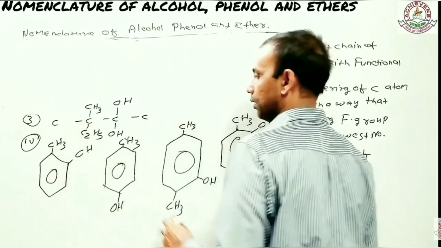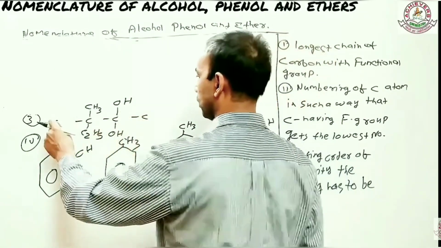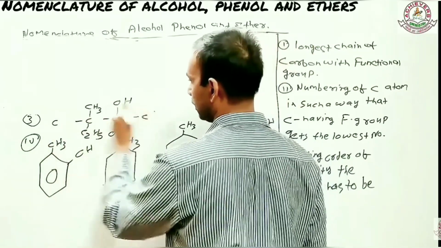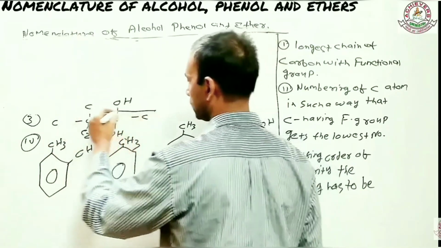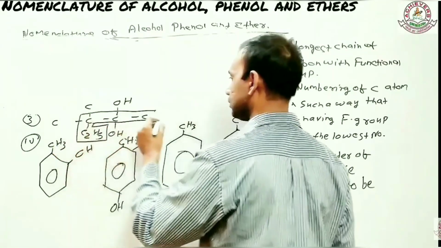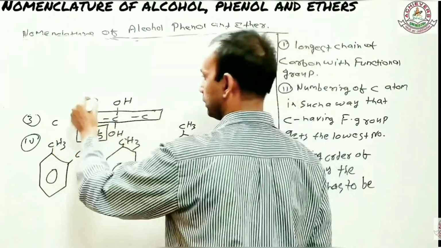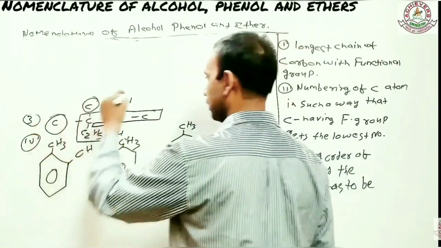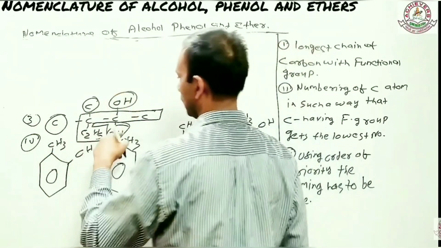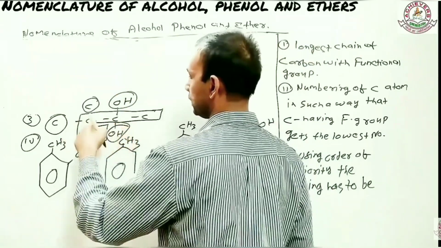Now, the thing is 1, 2, 3, 4 is a chain there, but 1, 2, 3, 4, 5, this is the longest chain here. So the longest chain now you have right over here. So you have a methyl here, you have a methyl here, you have a hydroxide, you have another hydroxide. So the name is going to be, like, 1, 2, 3, right?